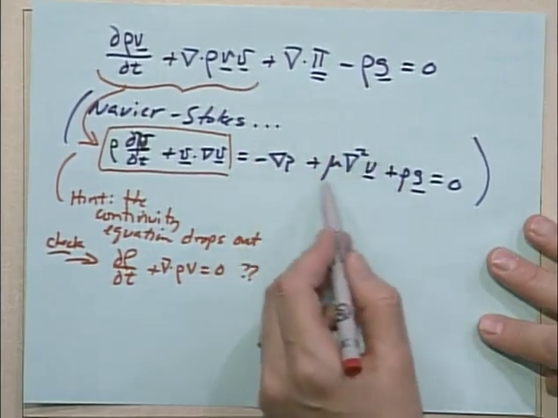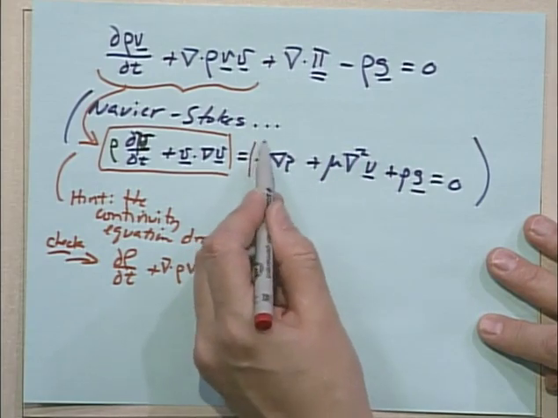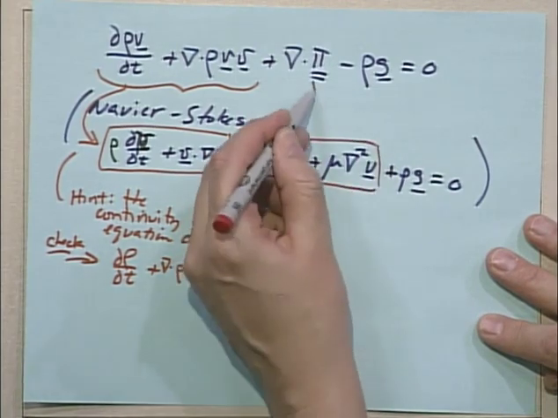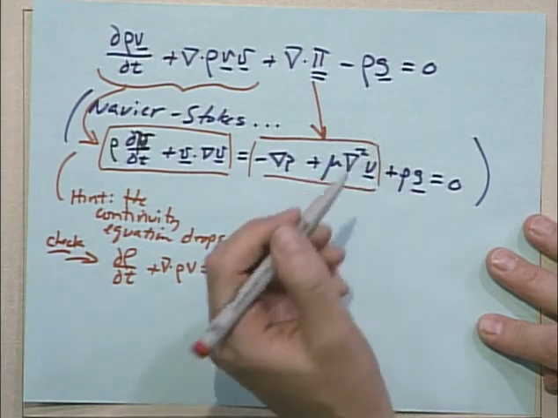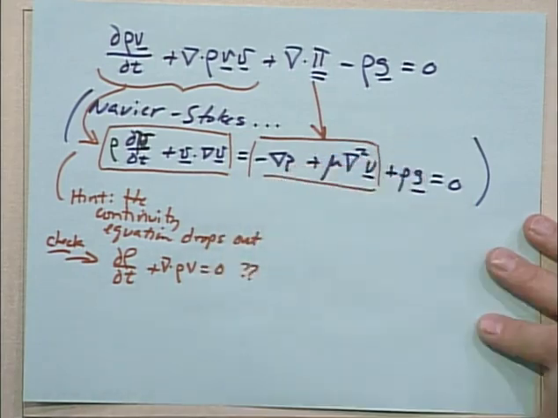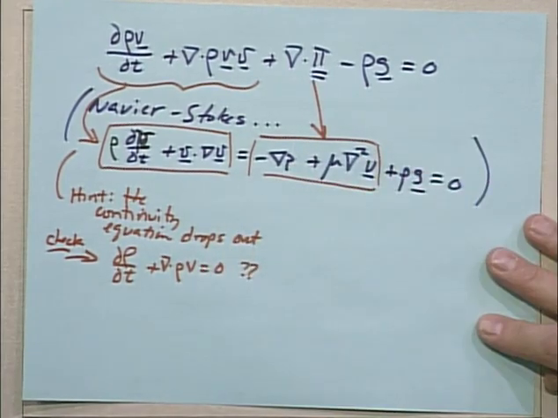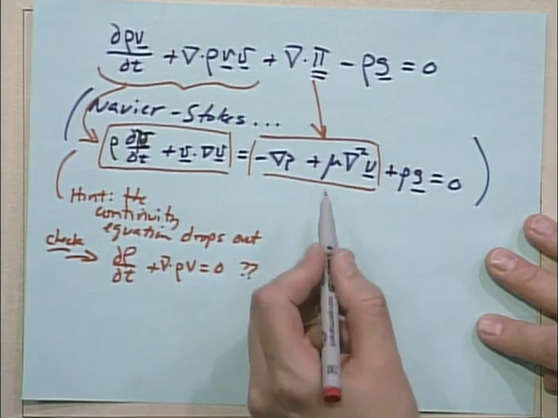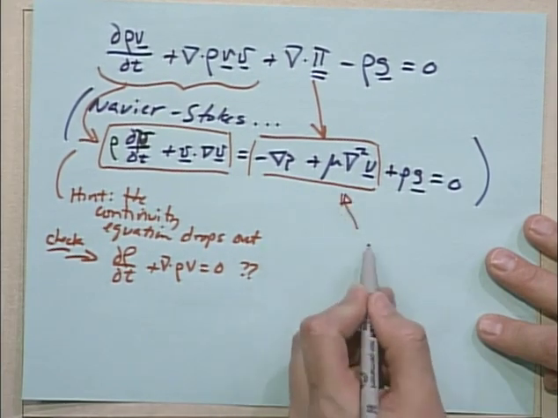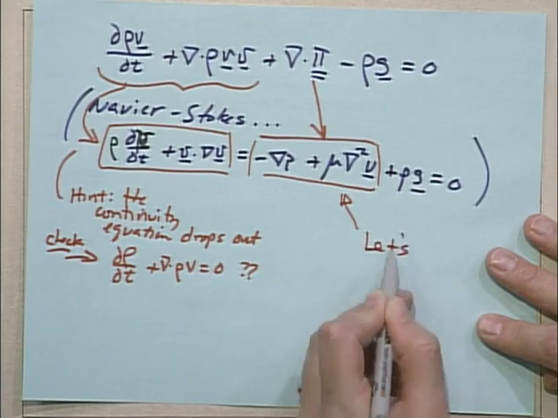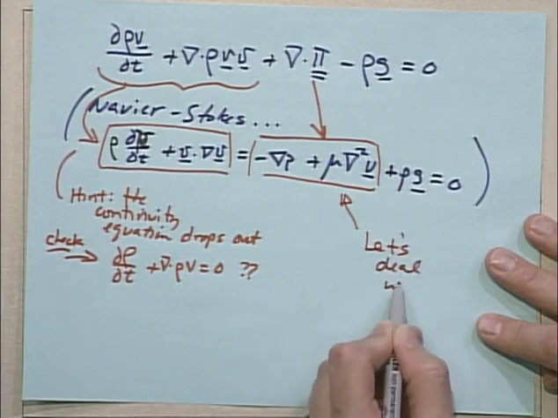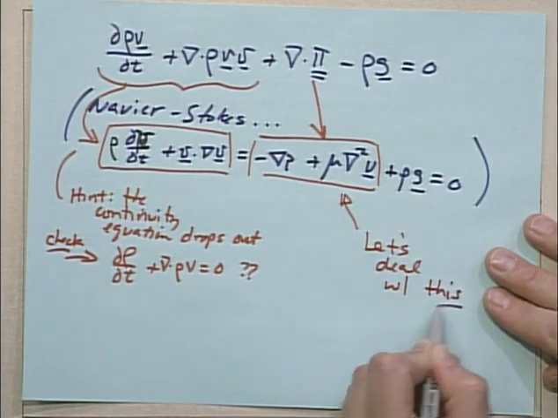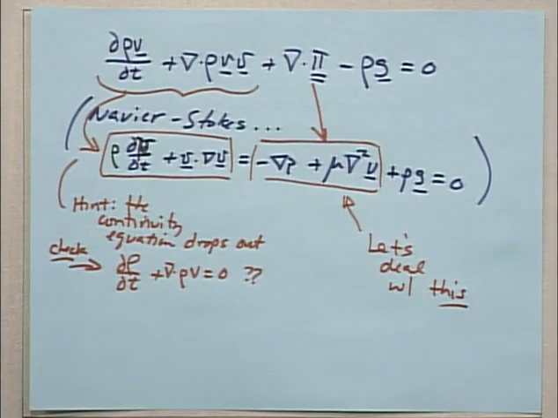What's the deal on the right-hand side? These two terms come from here. And this term is this one. It's just moved to the other side. That's where the sign changed. So now let's deal with this. This is the last step we need to get to the Navier-Stokes equation.